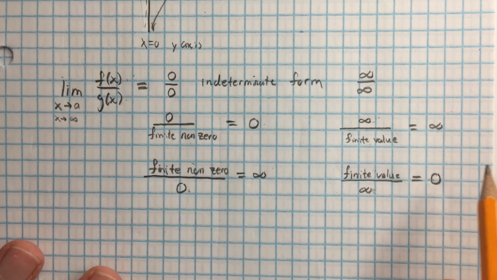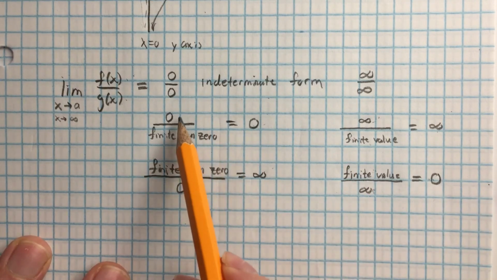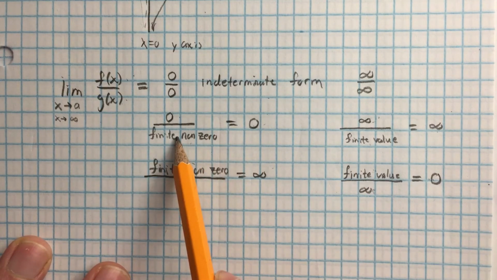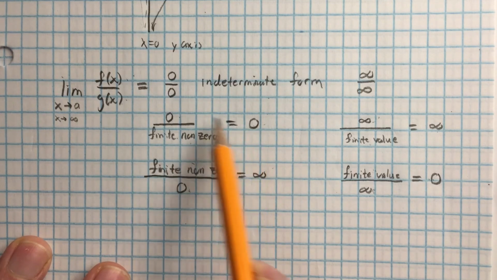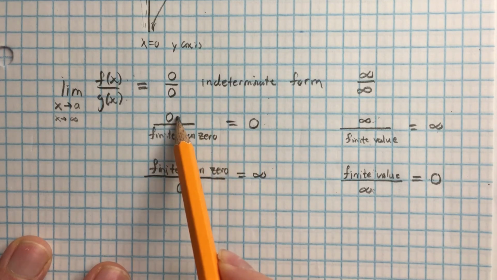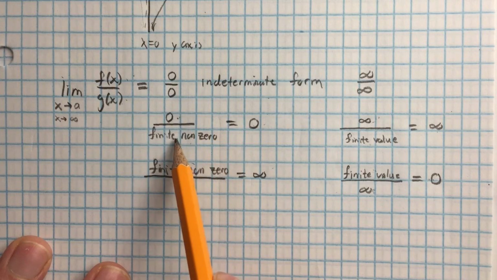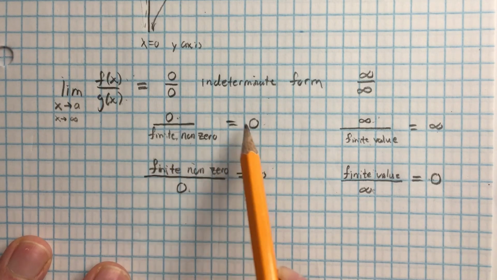Now over here, if you had 0 over infinity, it also works. It's supposed to be 0. Top's heading towards something magnitudinally small. The bottom's getting larger and larger without bound. That's shrinking this value down to 0 even faster. They work in tandem to make it go to 0 even faster.